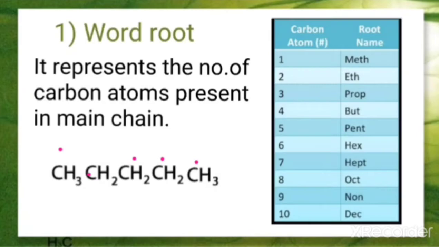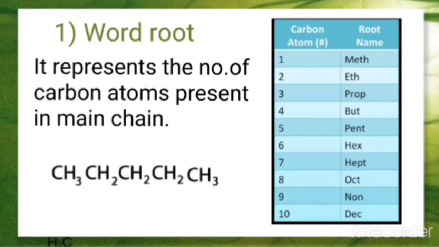So what will be the word root for this compound? Five carbon atoms means the word root will be pent. And the name for this one, you are familiar with this compound, is pentane. In detail we'll discuss later the suffix we are using here. For now, just remember what the word root says: it represents the number of carbon atoms present in the main chain.